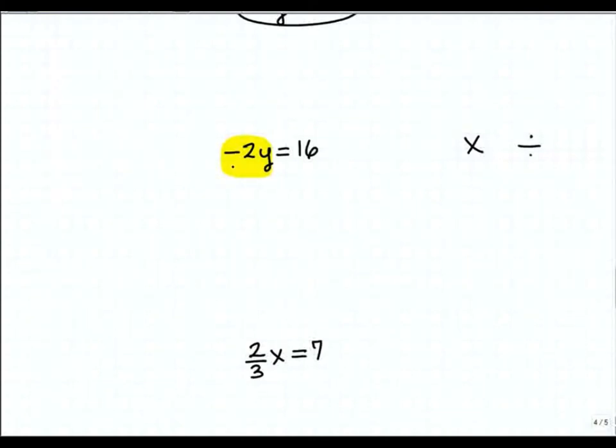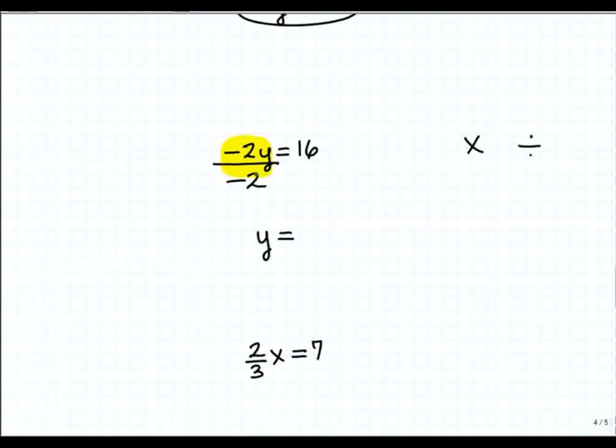So I have negative 2 times y equals 16. How can I get y by itself? Well, I'm going to divide by whatever I see in front of my variable. I have a negative 2 in front of my variable here. It's a product, they're being multiplied by one another. So if I divide negative 2y by negative 2, negative 2 divided by negative 2 is positive 1, or 1y, or just y.